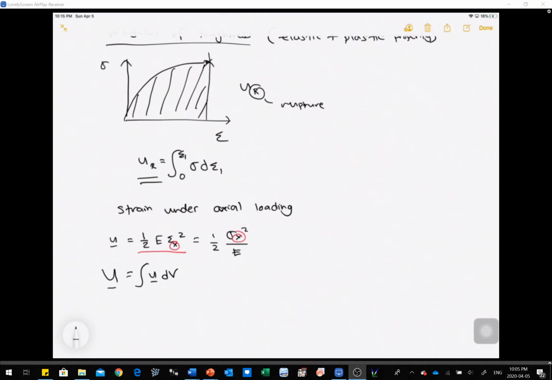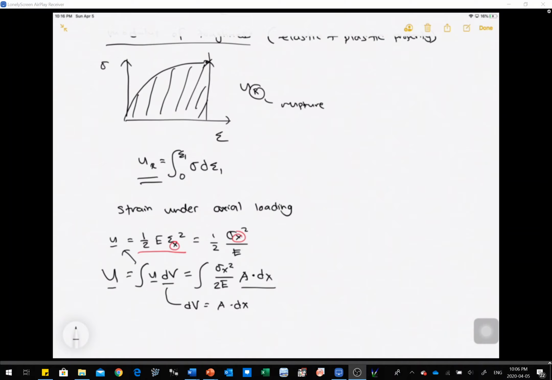Now if we apply this equation right here, we have u on top, we have our dV, we can say that our strain energy is equal to sigma x squared divided by 2E times A dx. And why did I change this to A dx? So we can say that dV is equal to area times dx.